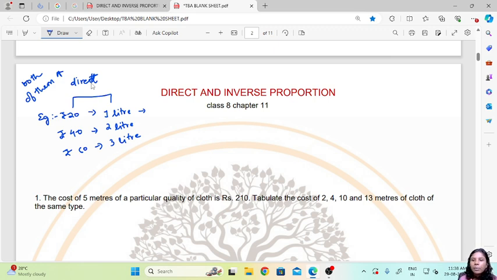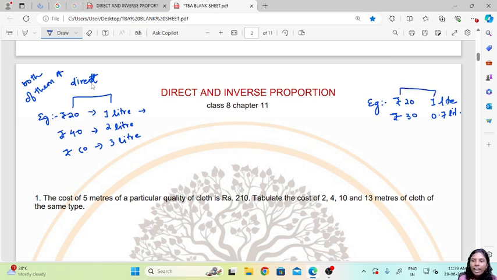Now let's look at another example, inverse proportion. In this case, say the price is around 20 rupees and initially the quantity was 1 liter. Now say the price has become 30 rupees but the quantity is now less than 1 liter, say 0.7 liters. So in this case the price is increasing but the quantity is decreasing.